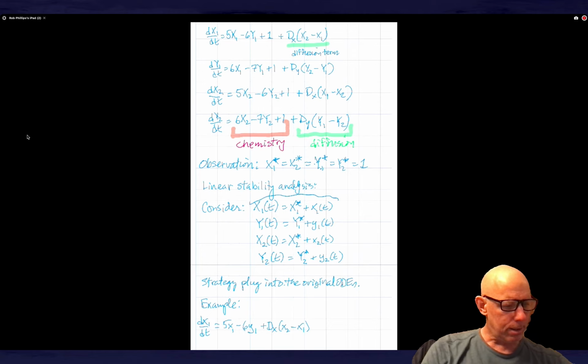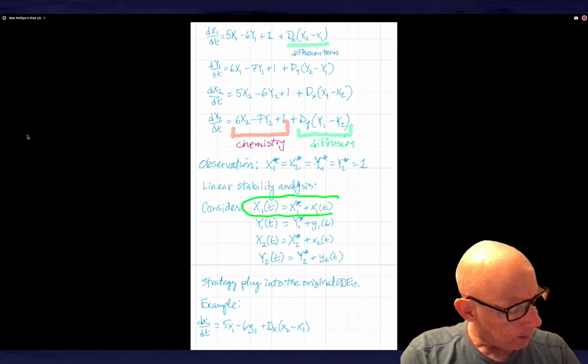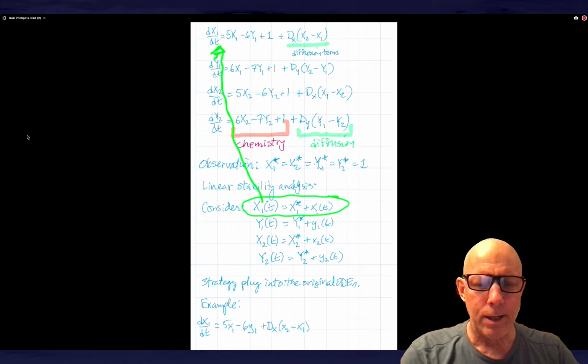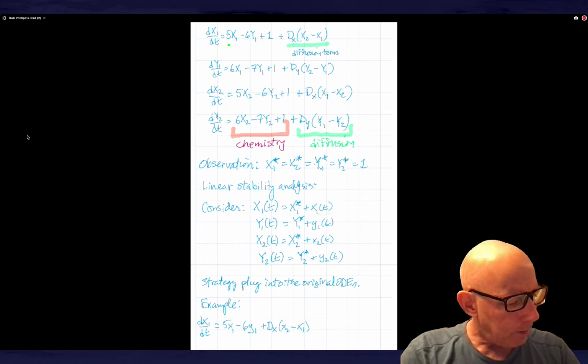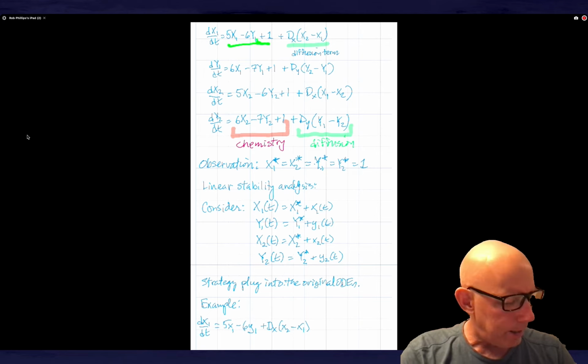If I take this thing and I plug it into this first equation, on the left-hand side, I'm just going to get d little x1 by dt. And the 5x minus 6y plus 1, that thing will degenerate into nothing more than just this part.